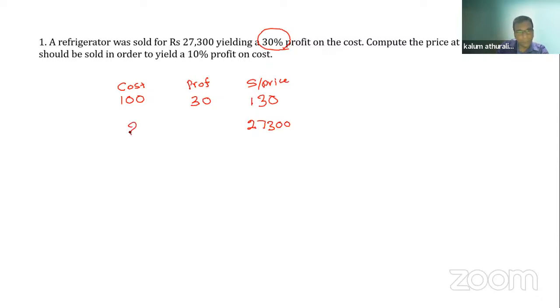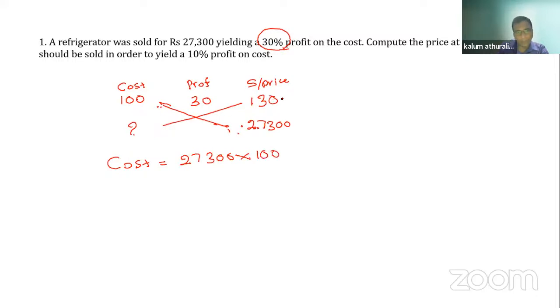First, we want to find the cost of this refrigerator. You can connect these 4 values like a cross. If you want to get the cost, you multiply these 2 and divide by this value. The two values connected by this line, you multiply: 27,300 into 100.